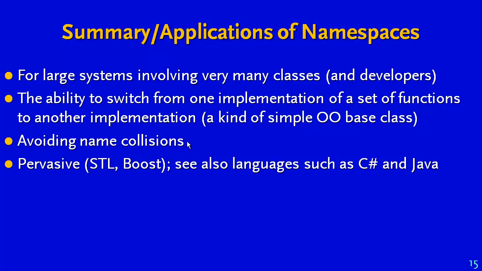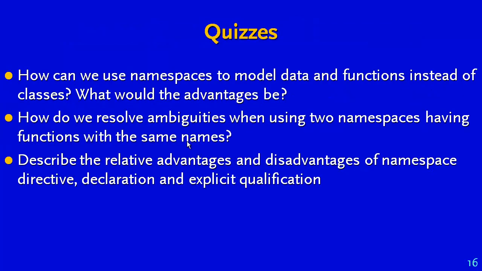So, for example, the mathematical library, which I will show you in a moment, the top level namespace is Boost itself, and one of its inner or sub namespaces is called Math, which is for the mathematical libraries. If you work with Java and C#, namespaces are all over the place. So it's important.